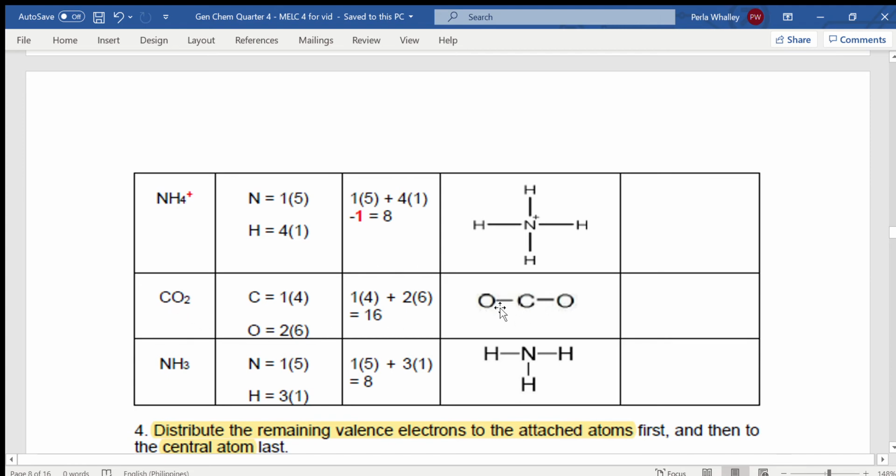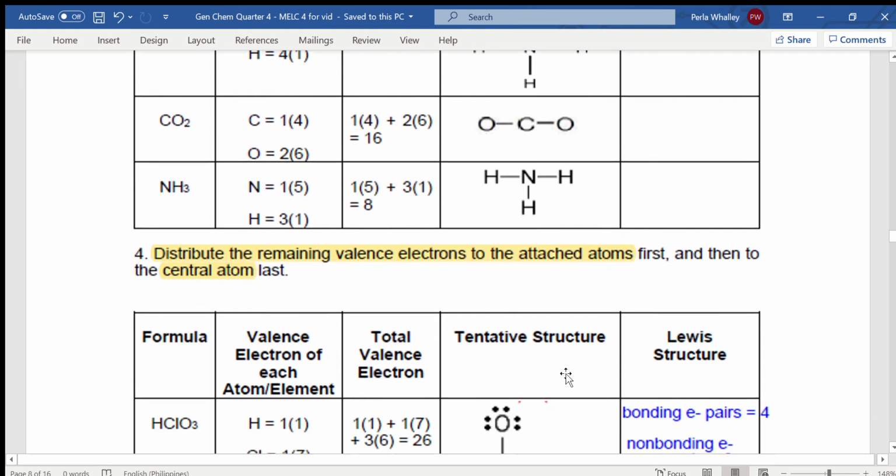So attach carbon to 2 oxygens on the side. The oxygens can also be attached on top and the bottom. We usually have it symmetrical. Next, ammonia. The central atom would be N. Then there are 3 hydrogens, so we attach the hydrogens using single bonds around the central atom, which is nitrogen.